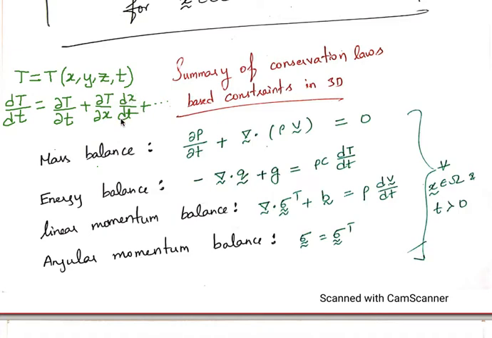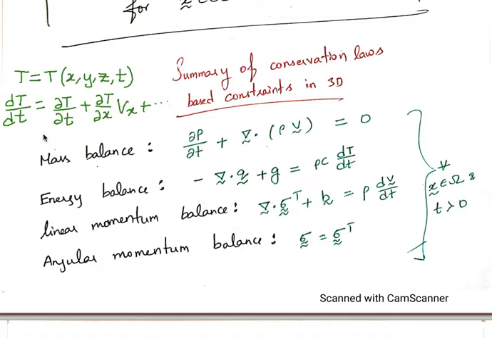Now what is dx by dt? This is the material time derivative of position x. So what does that give me? Velocity, in the x direction. So instead of dx by dt, I can write vx, and for dy by dt, I can write vy.